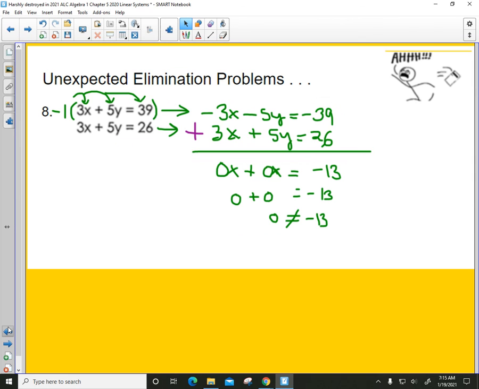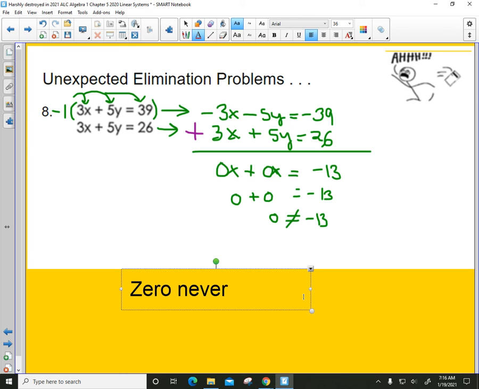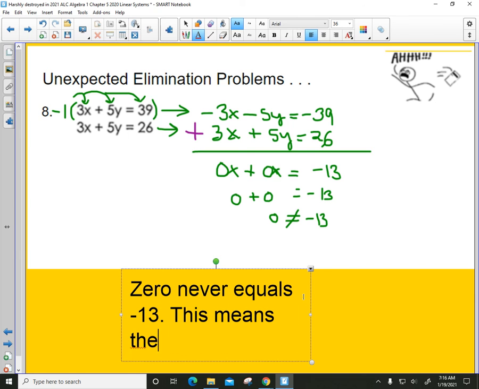So when we're looking at this question, if you get a situation like this where 0 equals some other number, not 0, this is your tip off that these lines never cross. So 0 never equals -13, which means the lines never crossed.